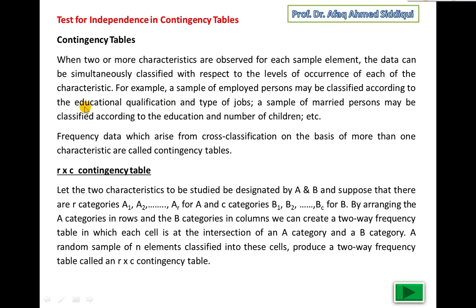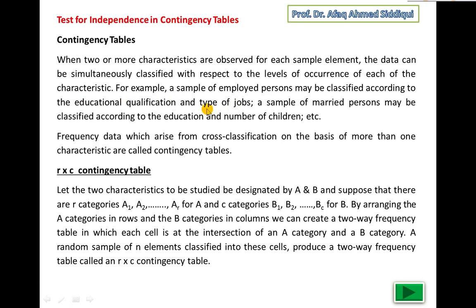First we collect the data according to the criteria, according to the requirement of the study, and then we test the main variable. Suppose educational qualification is graduate and non-graduate, or matric, inter, BSc; these are the subgroups, but the main variable is educational qualification.